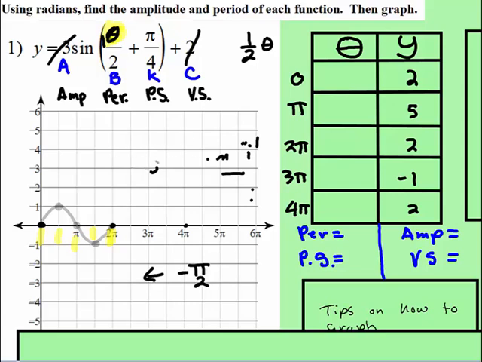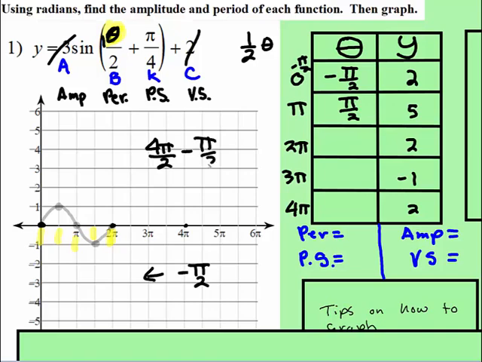So when we're done with everything else, we now know we have to move everything pi halves. That means subtract. Well, 0 subtract pi halves is negative pi halves. Pi subtract pi halves is positive pi halves. So 2 pi, I'm going to write as 4 pi over 2.